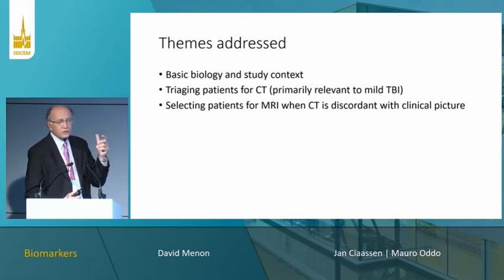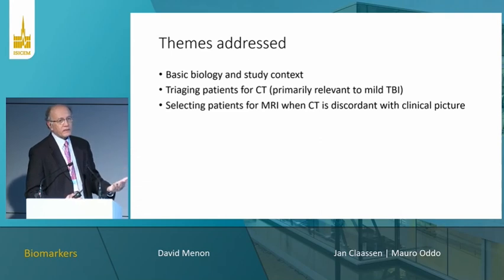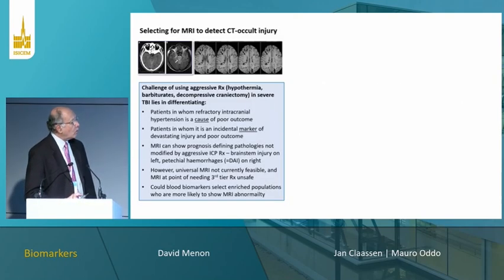However, if the CT doesn't show very much, but the GCS is very low, the difficulty is understanding whether this patient has very severe diffuse axonal injury, which has not been picked up by the CT, or alternatively is just perhaps sedated because of management in the pre-hospital phase, or is drunk, or is on recreational drugs. And the question is whether biomarkers might help us with that. Well, why is that important?